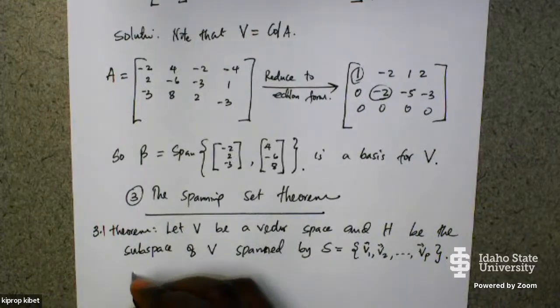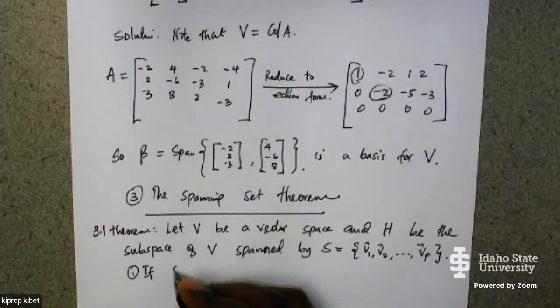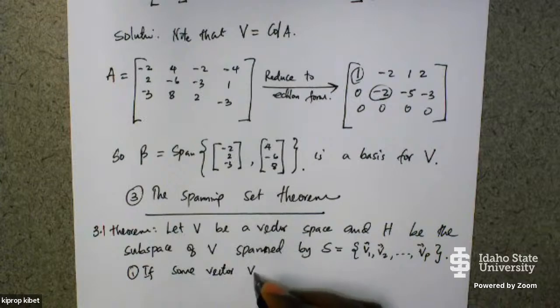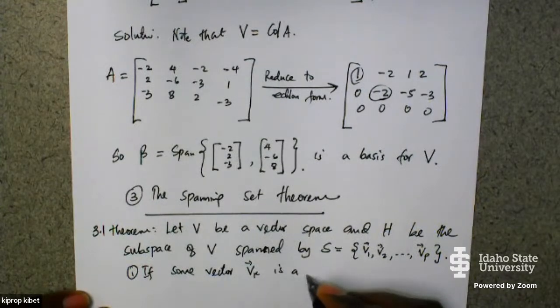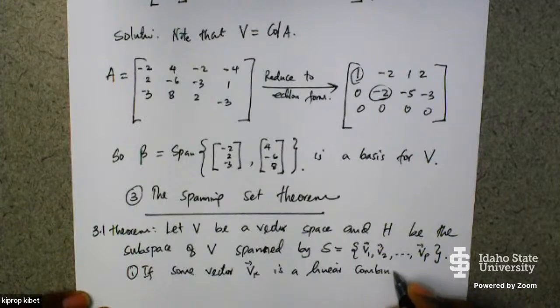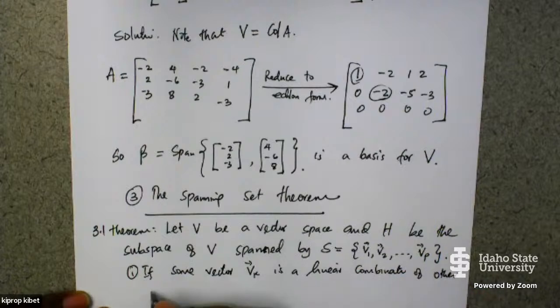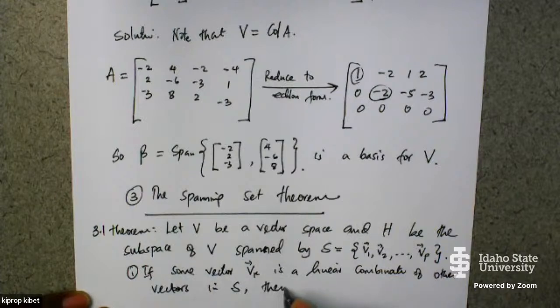Then number 1, if some vector Vk is a linear combination of other vectors in S, then H equals the span of V1, V2, up to Vk minus 1, and then Vk plus 1, continuing like that to Vp.